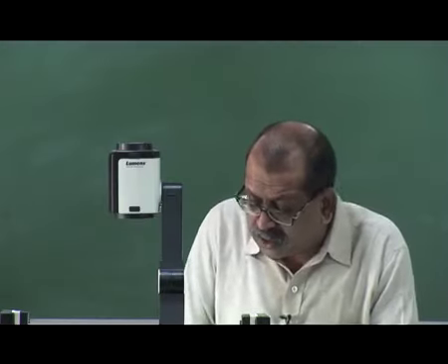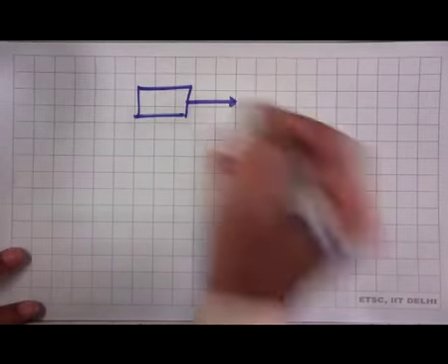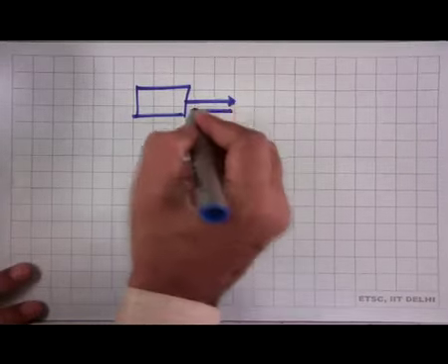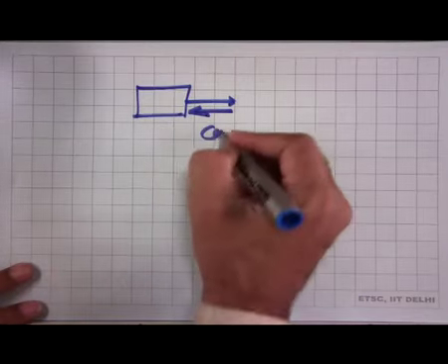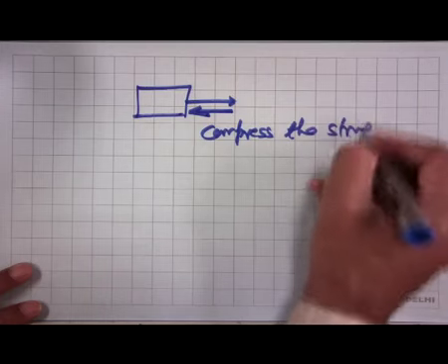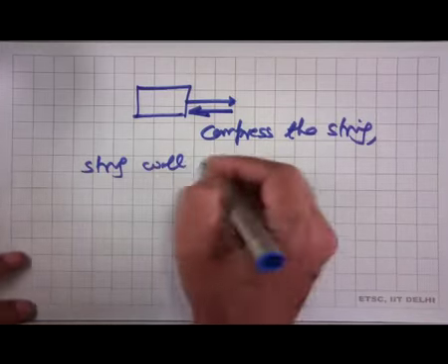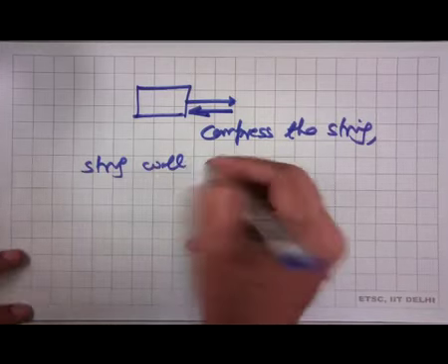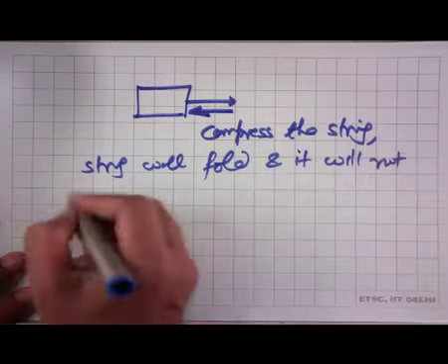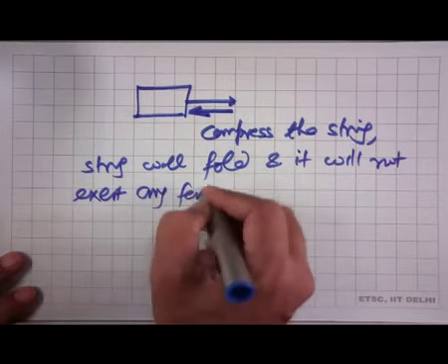Secondly, if we have this block and a string like this, but if I compress the string, then the string will just fold and it will not exert any force on the body.